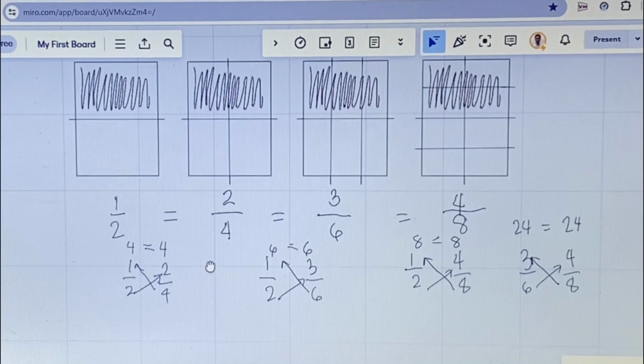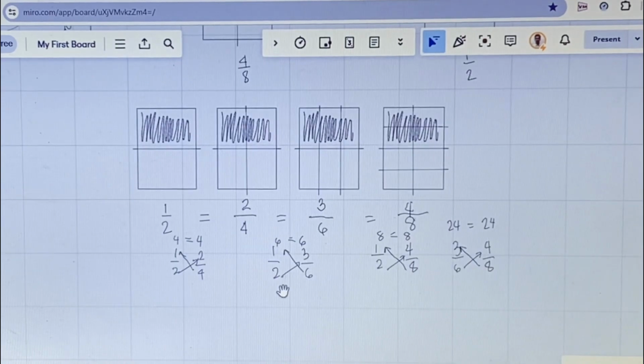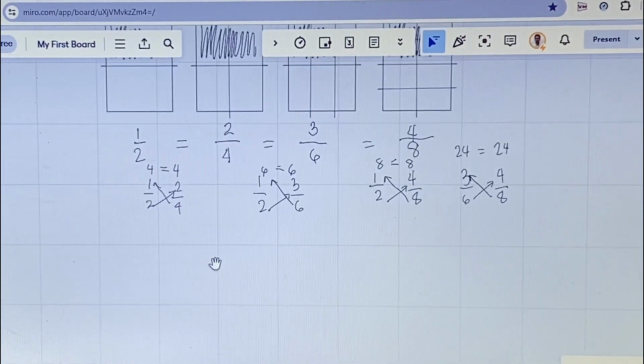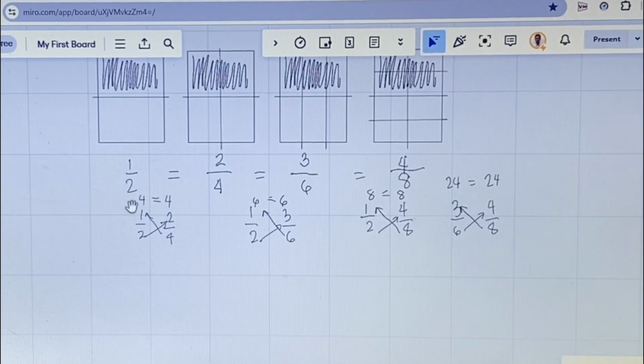Now what if you wanted to find the equivalent fractions of 1/2, without drawing, without other fractions? Here's the thing. All you have to do is multiply 1/2 by a different fraction. Let's say we're gonna find 3 equivalent fractions of 1/2, so we're gonna multiply 1/2 by 3 different fractions.